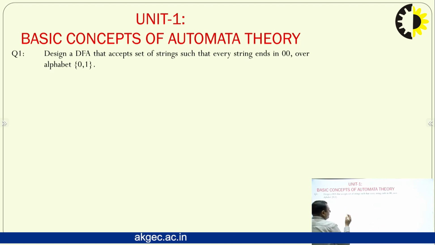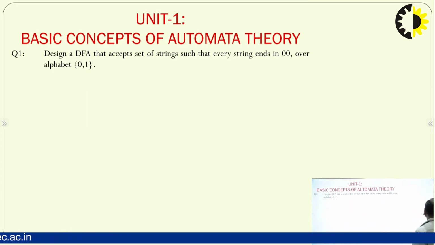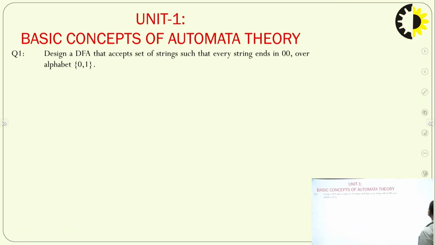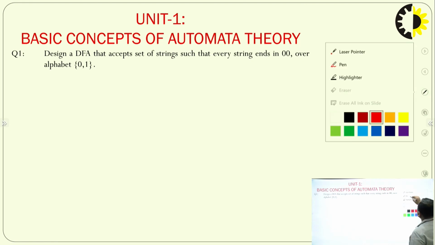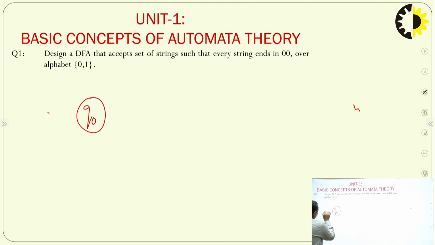So first of all we have to take the initial state. So we will represent the initial state as Q0, and as I told you, we have to give the incoming arrow on that particular initial state.